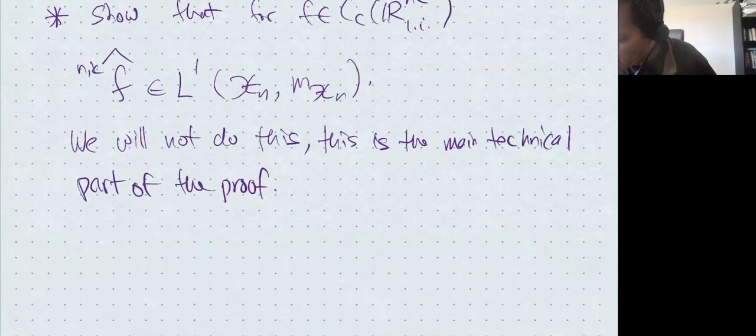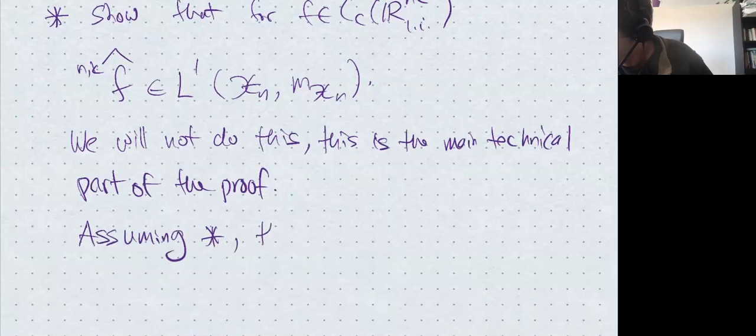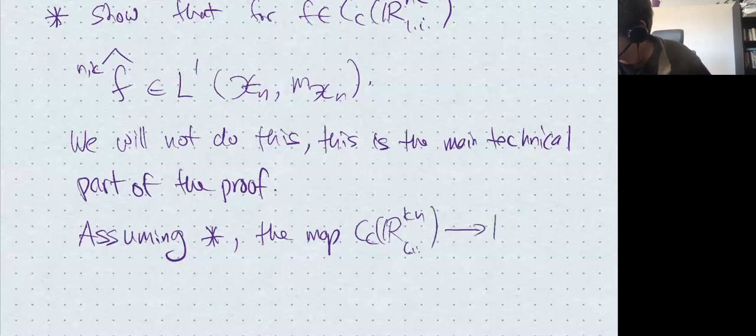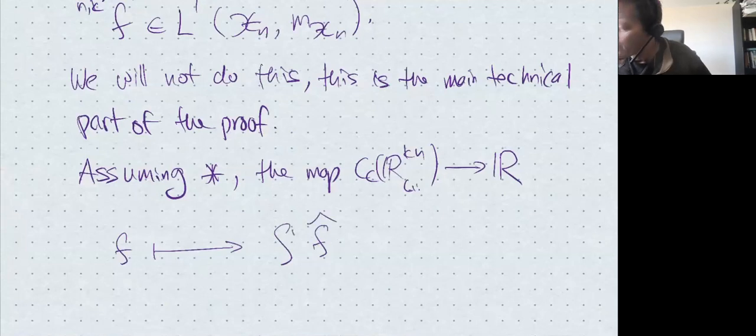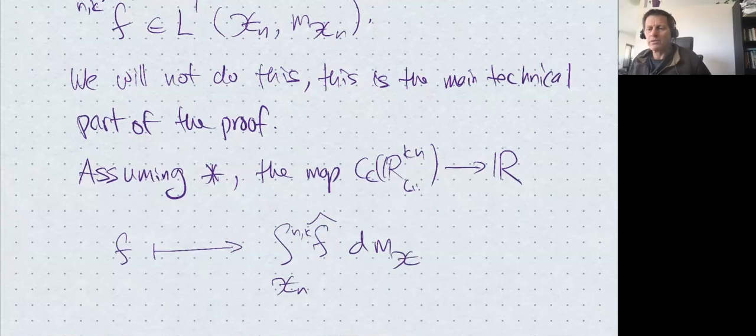So assuming this statement, we can look at the following map that sends compactly supported functions on this space to real numbers. It sends a function f to, first, you transform it into a function on the space of n-dimensional lattices by this transform, and then you integrate that with respect to the Haar measure on the space of lattices.